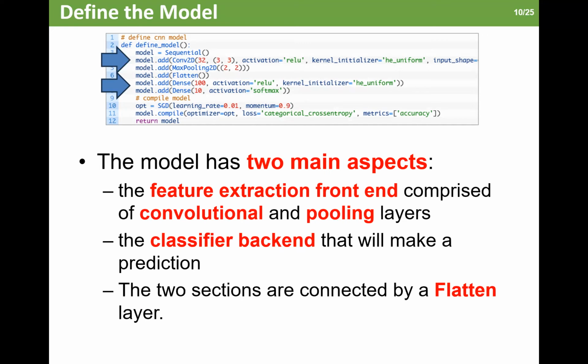But before we send it to the dense layer, we take all the columns, rows, put everything on one long line or one long column, however you want to think about it. Okay, so flatten just takes a 2D image and makes it one long one-dimensional image. Okay, so you see this pattern over and over again.